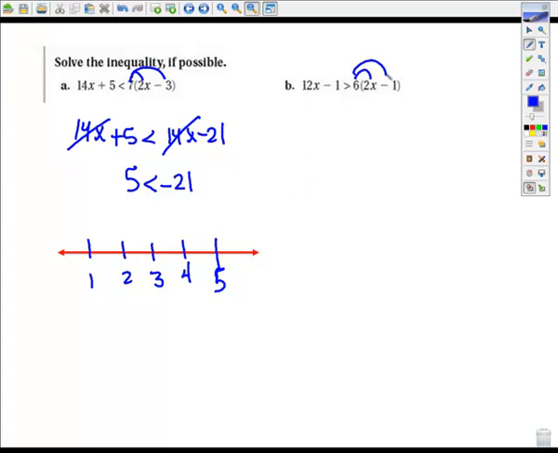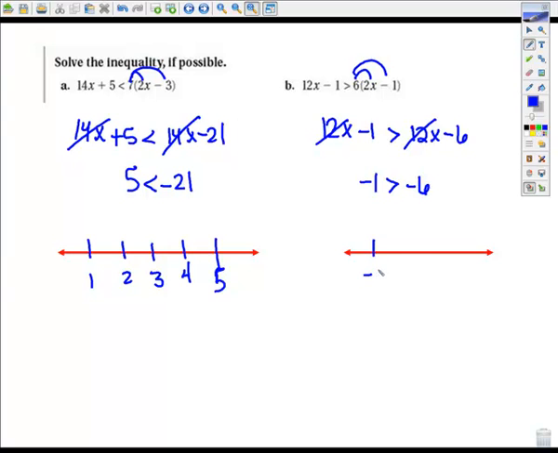Let's try this one. I'll distribute the 6. I get 12x minus 1 is greater than 12x minus 6. Again, if I were to subtract 12x from both sides, I'd end up with -1 is greater than -6. That's true. So I'll put some numbers on here.